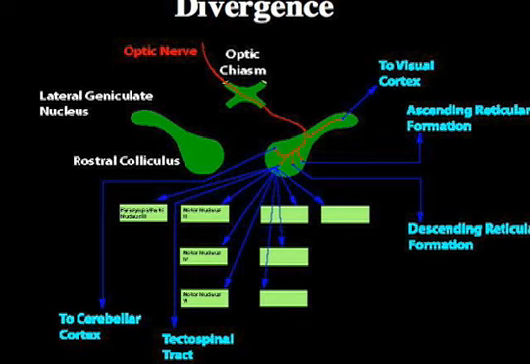It's a sensory system, it's divergent, and the hallmark of sensory systems is that they are divergent. They take sensory information and they spread it to lots of different locations throughout the central nervous system where it's going to be useful.